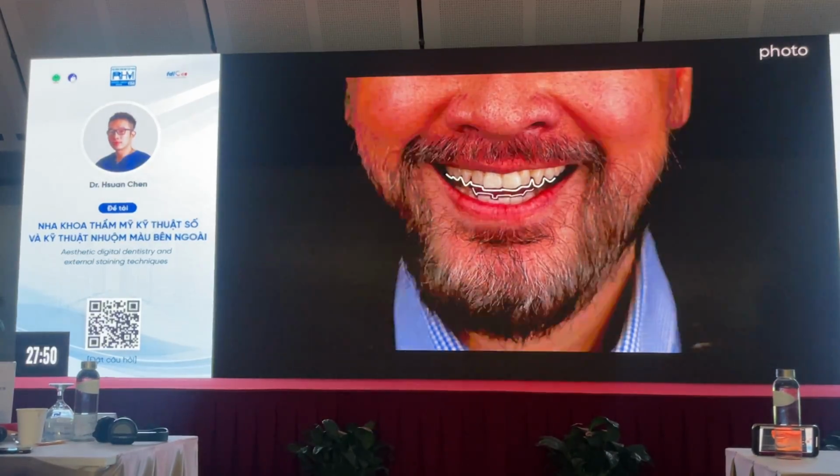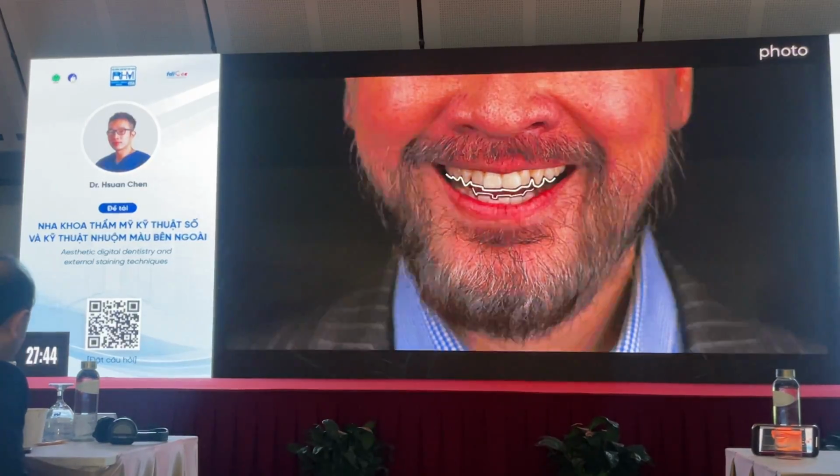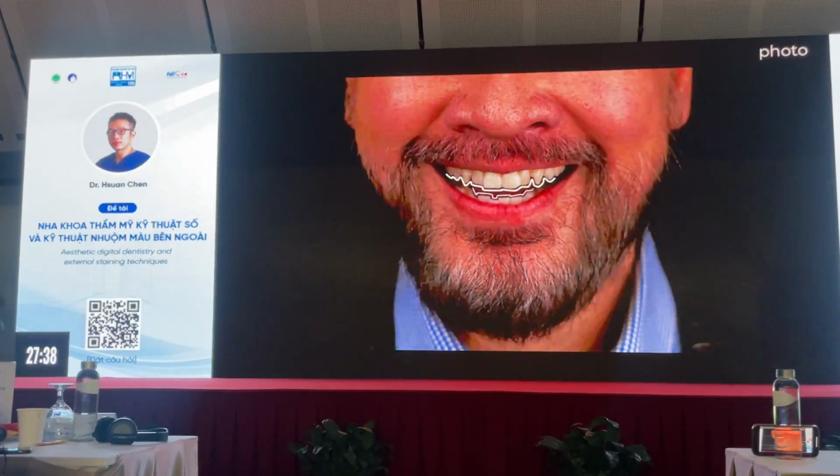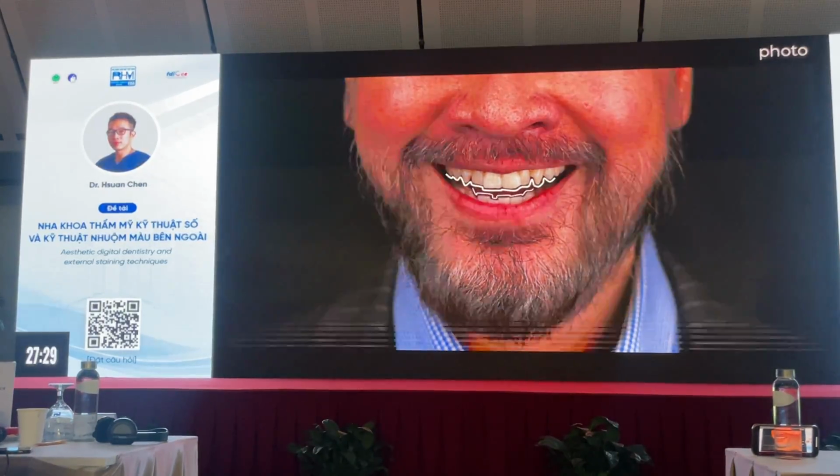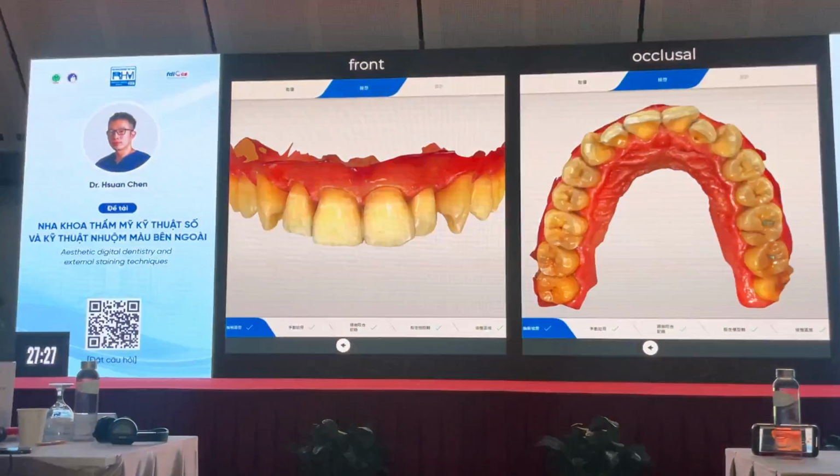When we see somebody from afar, we're not looking closely at every single tooth to see if they're straight. Nobody cares about that. When we look at a person, the first thing we see is the outline of the teeth. So that's the primary concern that I'm going to have. Can I fix this outline? Okay, because I think if I can fix this outline, then I think we can do this treatment.